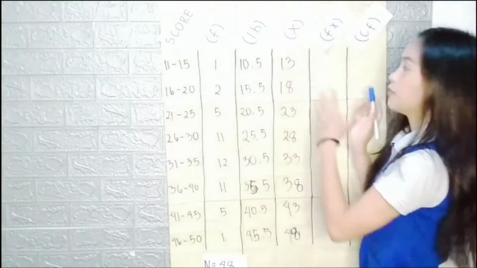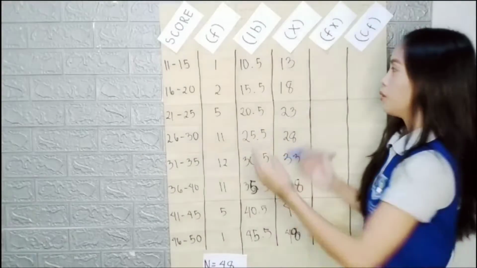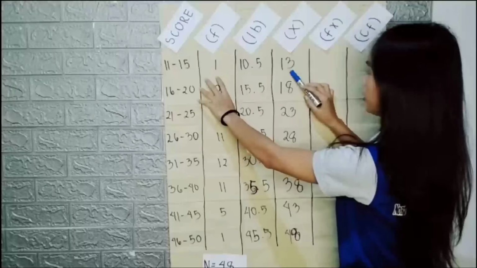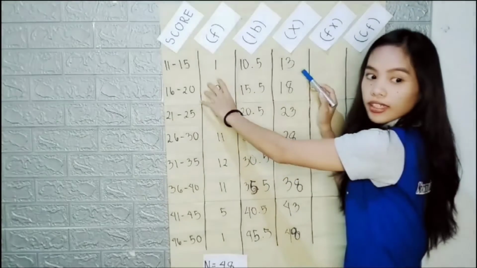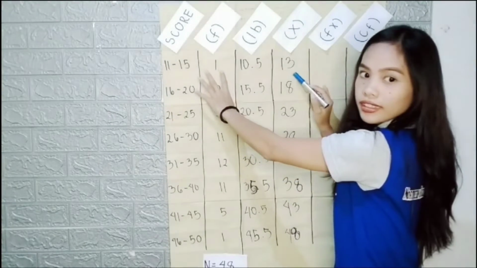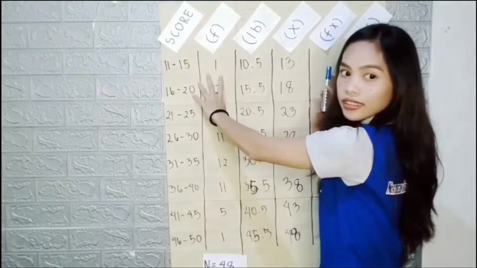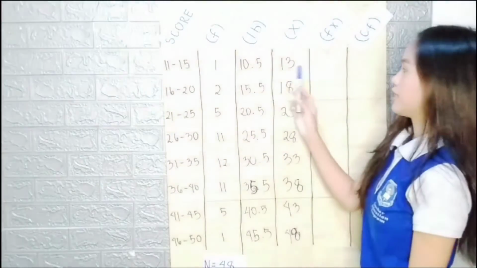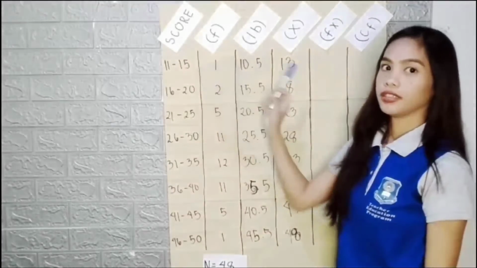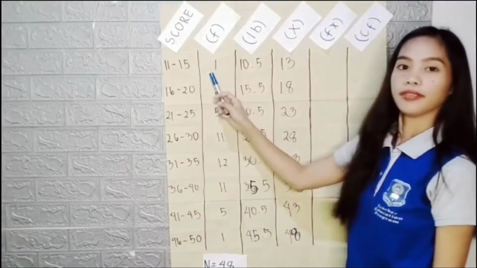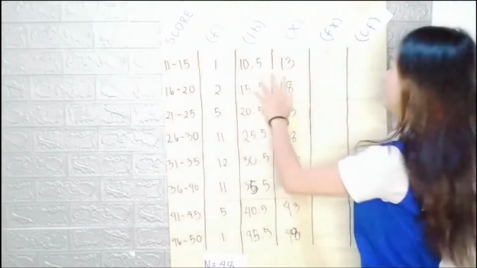So to get our fx, we're just going to multiply these two numbers, the frequency and the class mark.